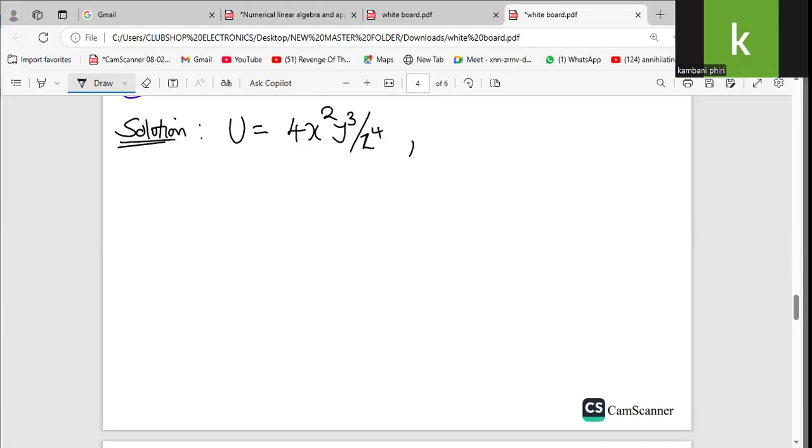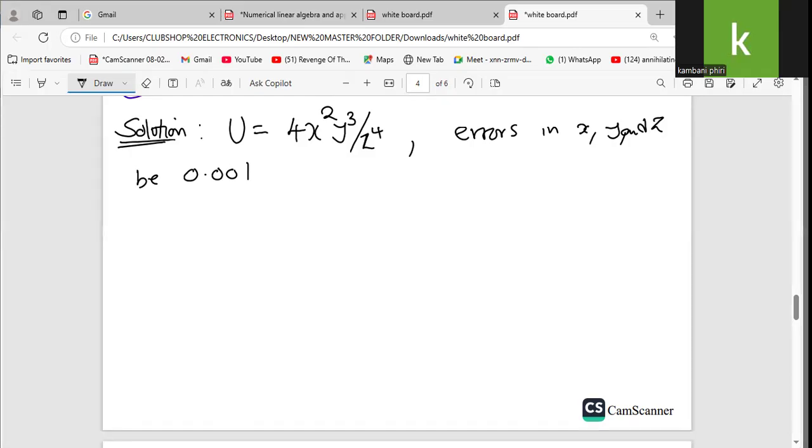And we are saying the errors in x, y, and z be 0.001.